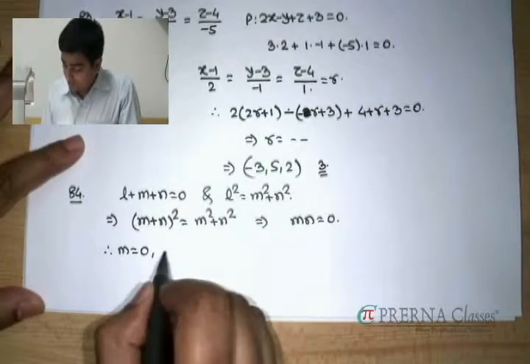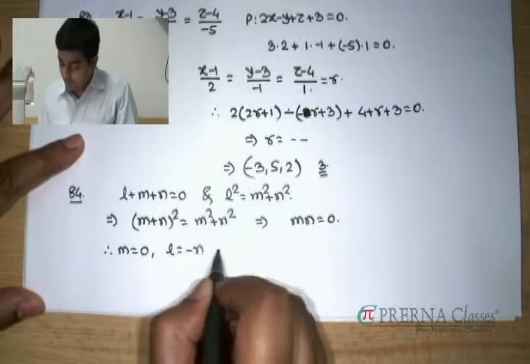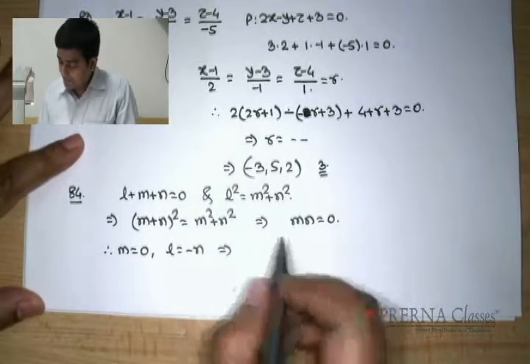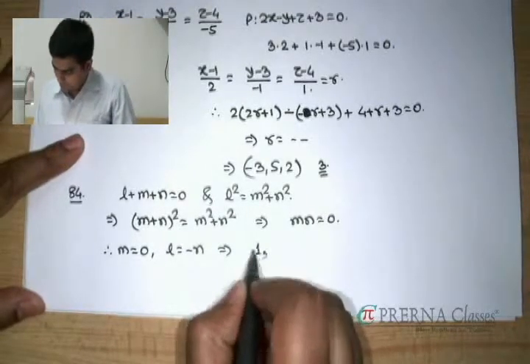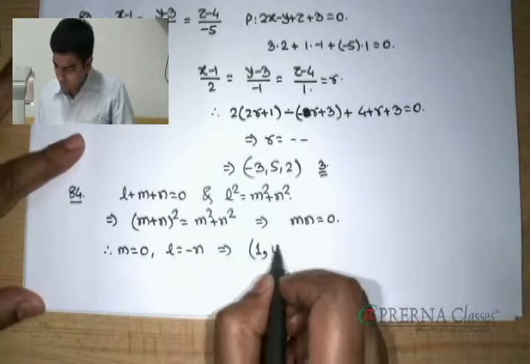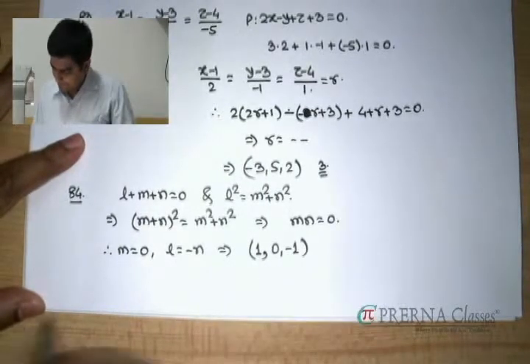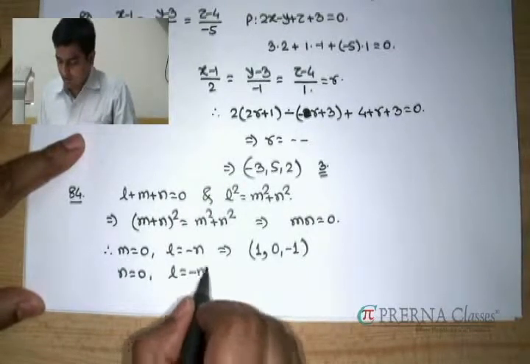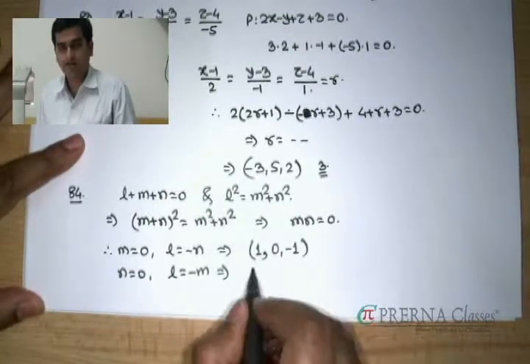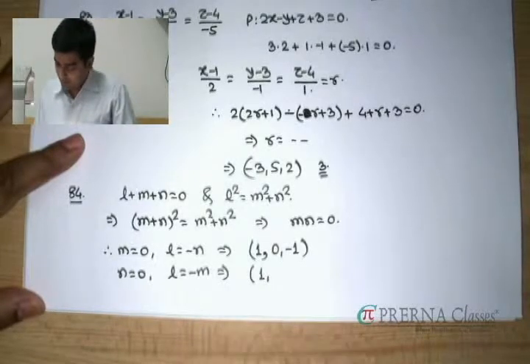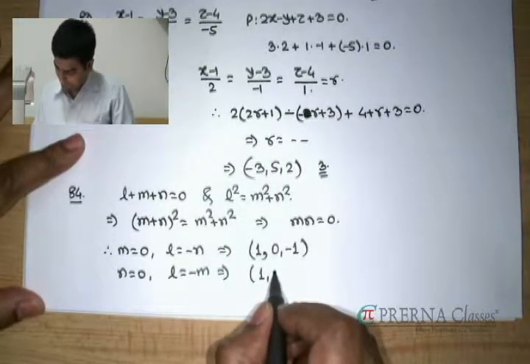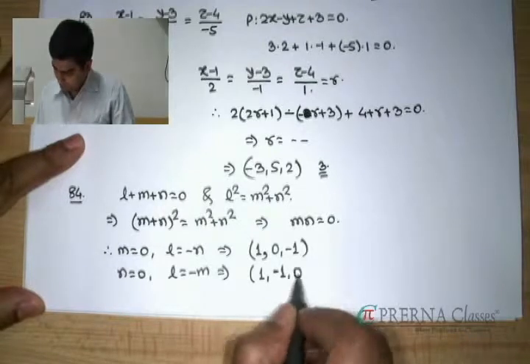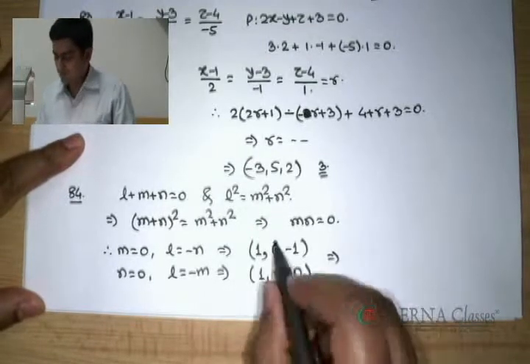Taking different cases, when m is 0, clearly l is minus n then. Hence that implies we have the direction ratio corresponding to this triplet as this, and when we consider n as 0, at that point l is then minus m, which implies then we have this triplet.